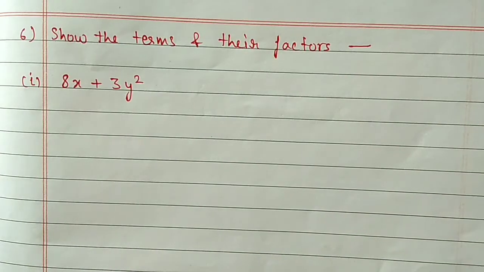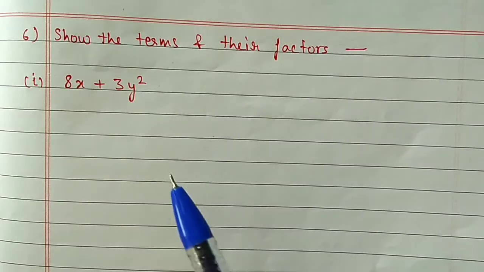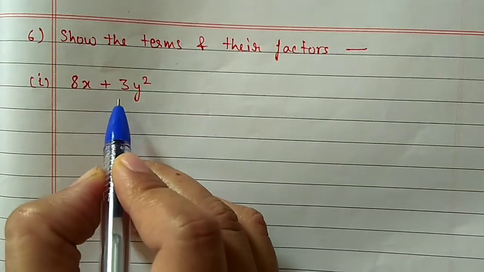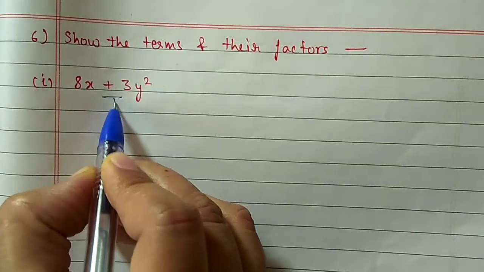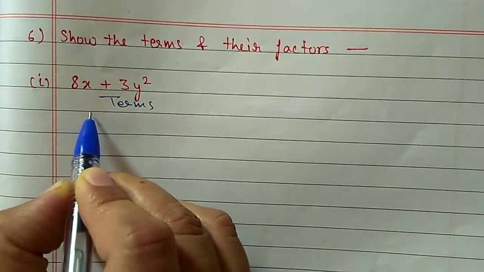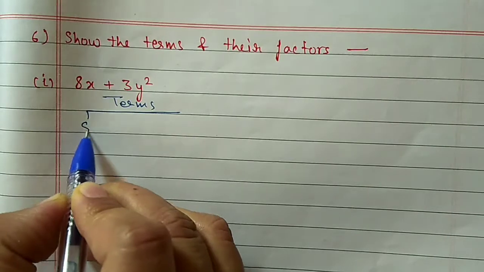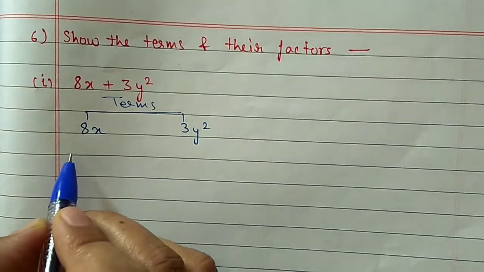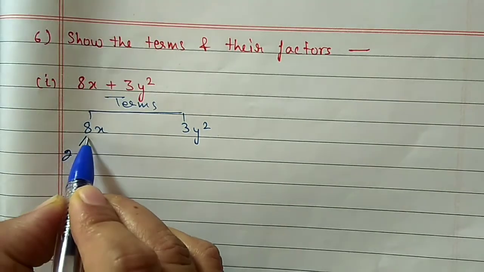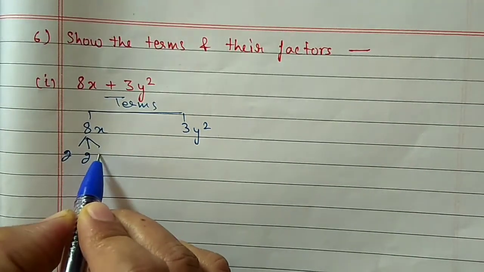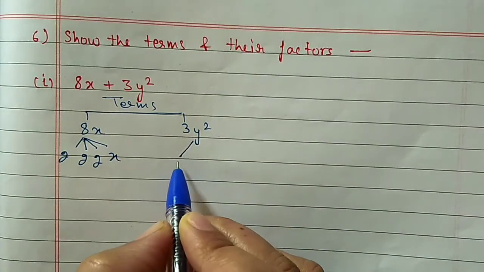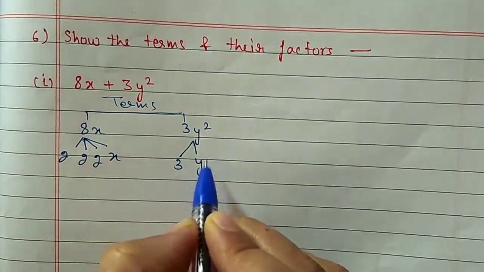Next, question number 6, we have to show the terms and their factors, similar to the last question. In this question we have two terms. First term is 8x and second term is 3y square, and 8x we can write as 2 into 2 into 2 into x, and 3y square we can write as 3 into y into y.